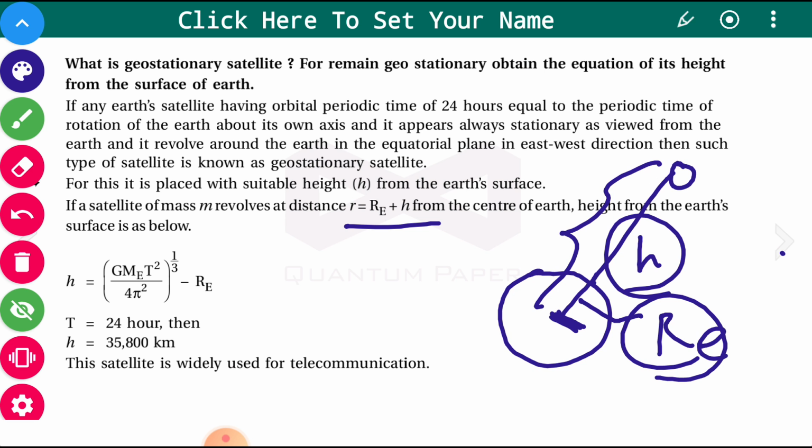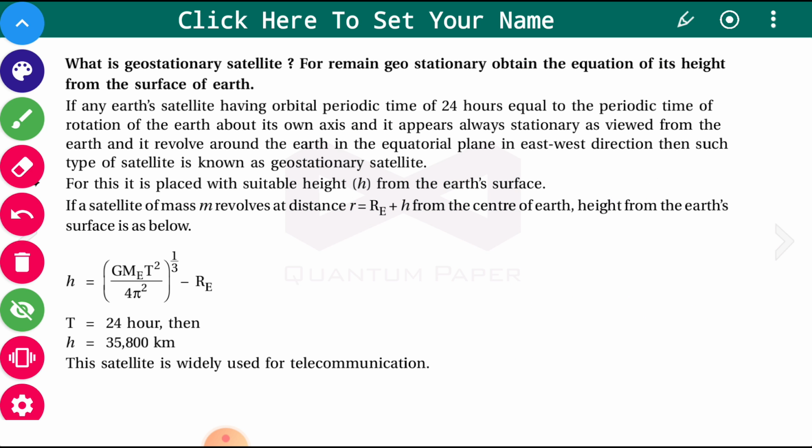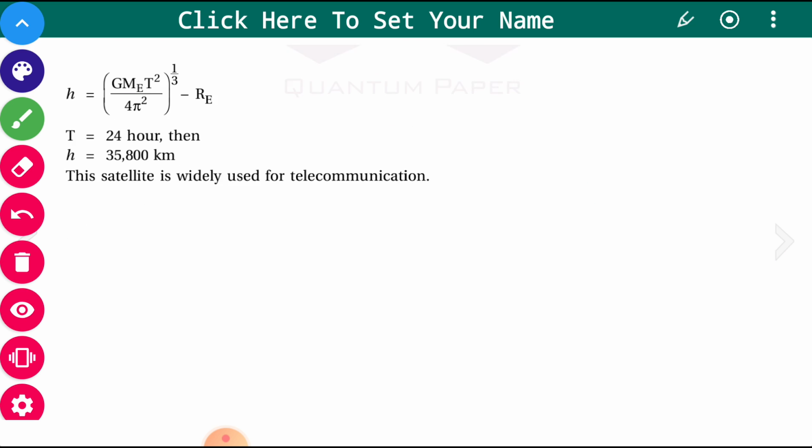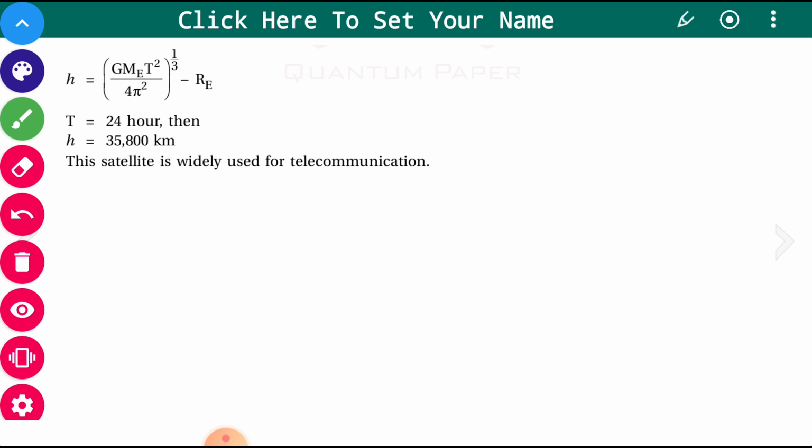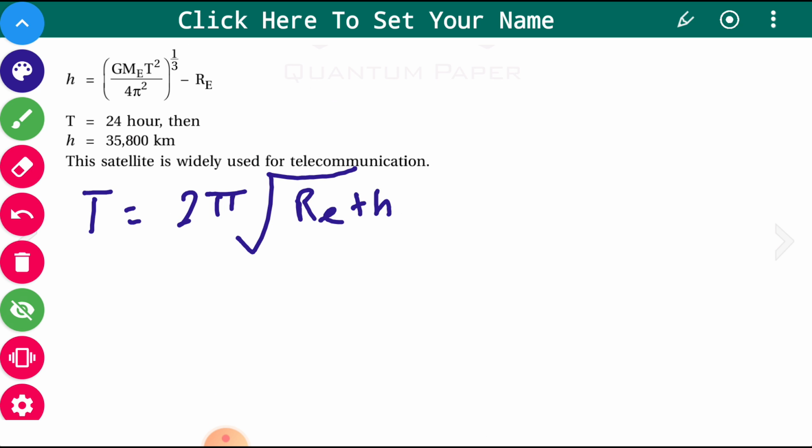The time period is given by T equal to 2 pi times the square root of RE plus h the whole cube divided by GME. This formula we derived today itself.